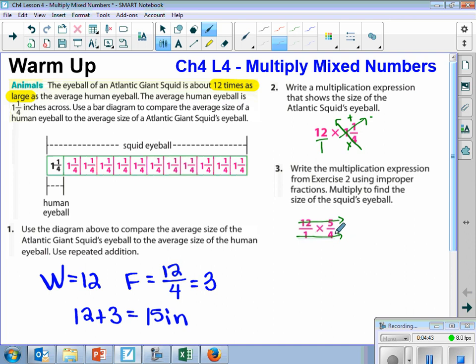So 4 divided by 4 is 1, and 12 divided by 4 is 3. So now, when we multiply straight across, we end up with 3 times 5, which is 15, over 1 times 1, which is 1, which just gives us 15 inches.